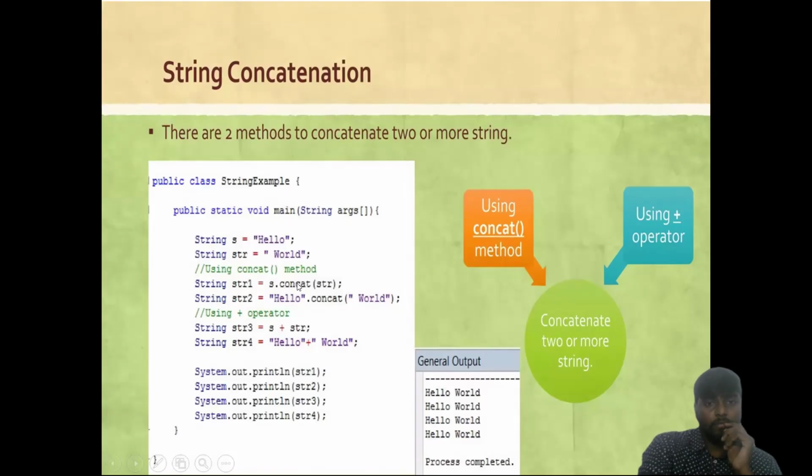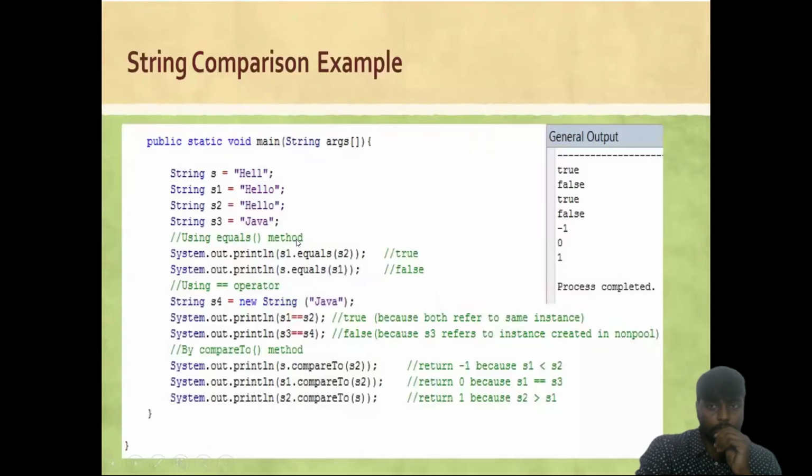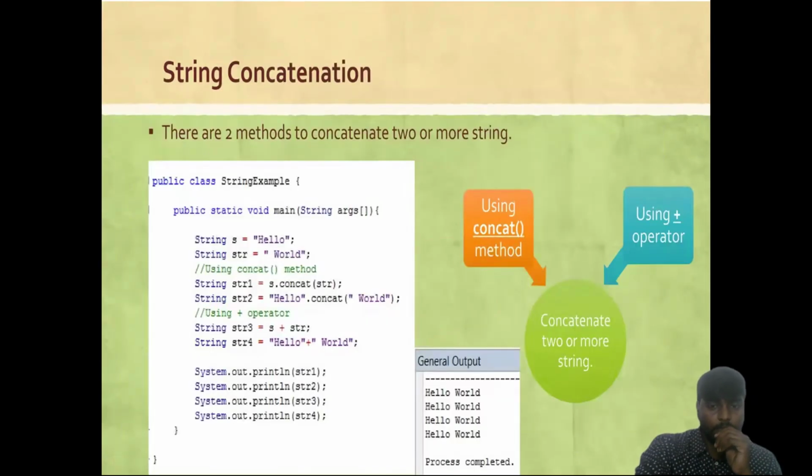S is hello and we are trying to concat the str string also to s. Hello world will appear. Next str2, the second string object, I'm trying to concat hello dot concat world. In str4 also we are doing the same way. The output will be the same: hello world, hello world, hello world. I hope you understand the concatenation.